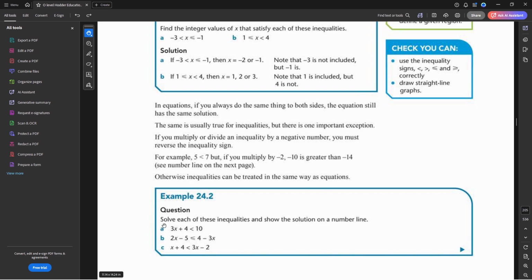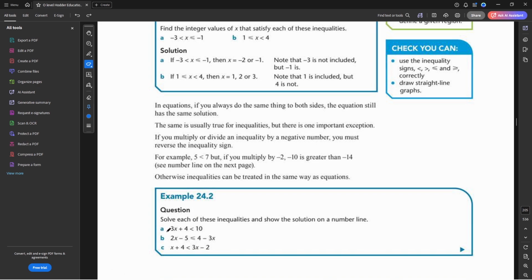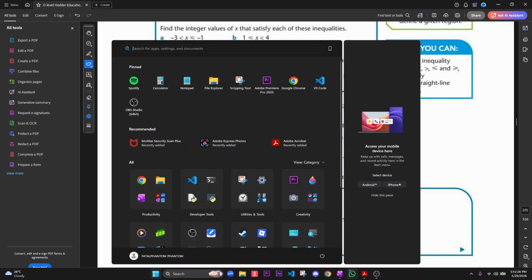That's it. So the question tells us to solve each of the inequalities and show the solution on the number line. Let me enable draw here. So let us solve A and let us also solve C. Okay, so let me just copy the question.